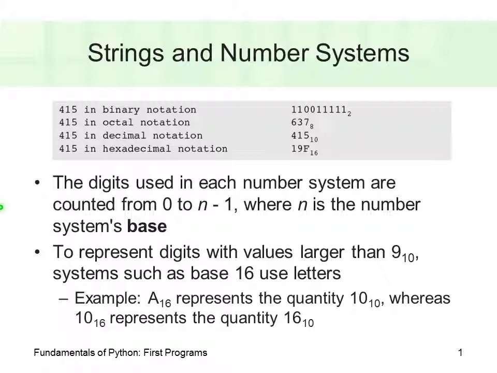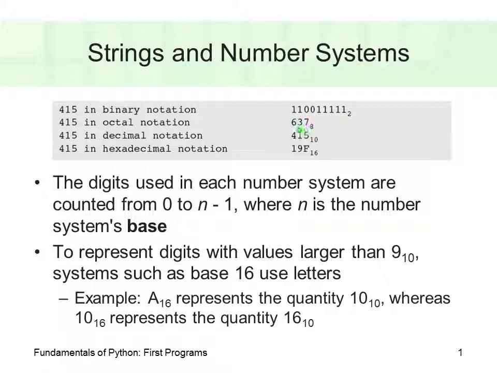So we go from 0 up to 1, and then we have to cycle back. If we are using base 8, octal, there the numbers run from 0 to 8 minus 1, or 7. The highest digit is 7, right?